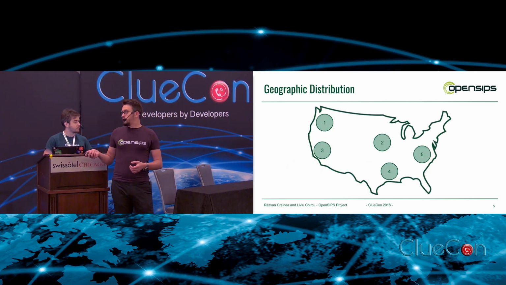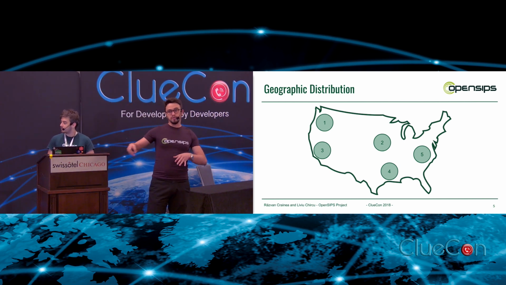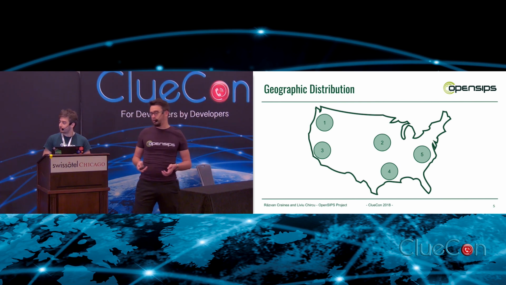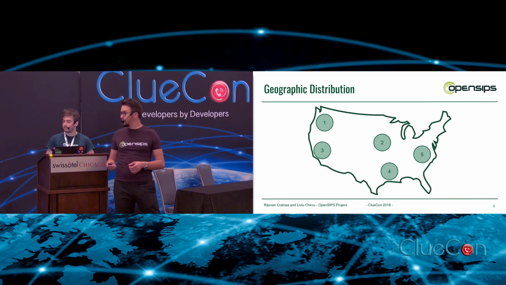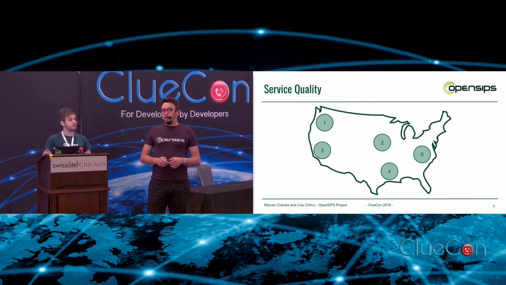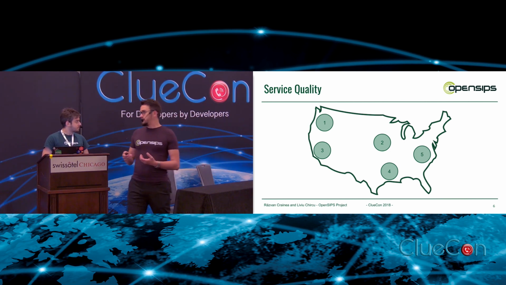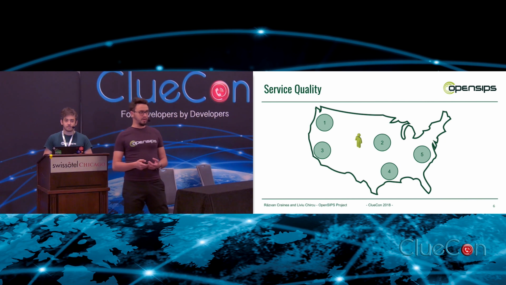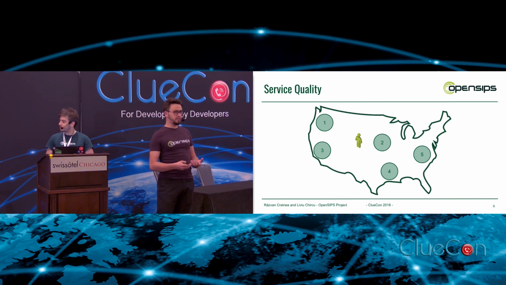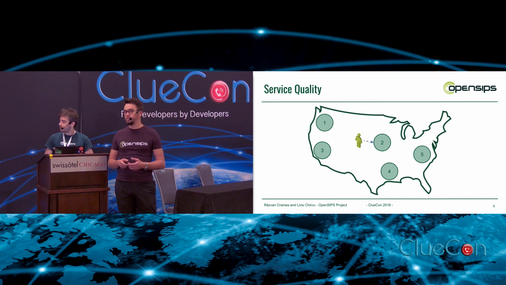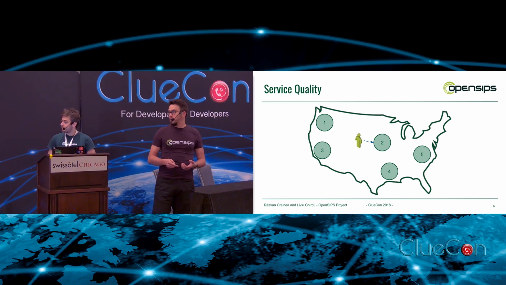And then you end up with something like this, where you have several nodes spread all over the country or your area of interest. And in order to ensure the quality of your services, you have to make sure that whenever a client joins the network, he will choose the best server. And usually this means the closest one, right?